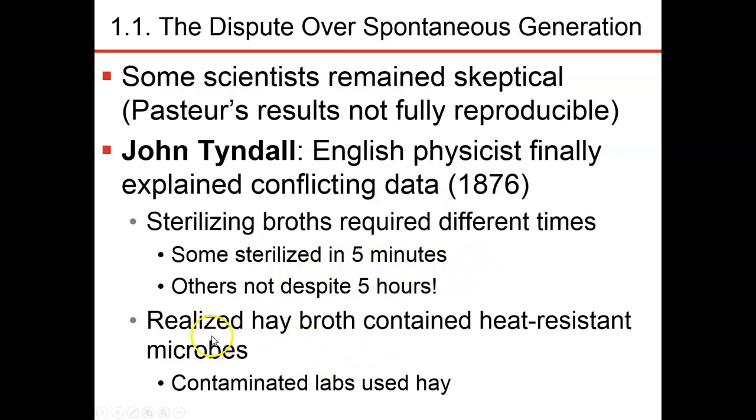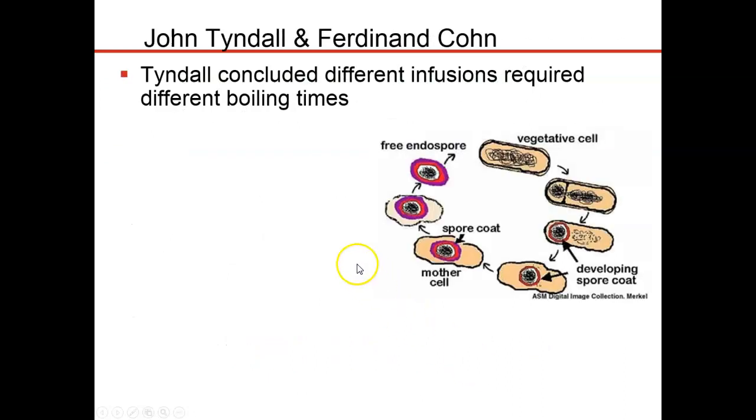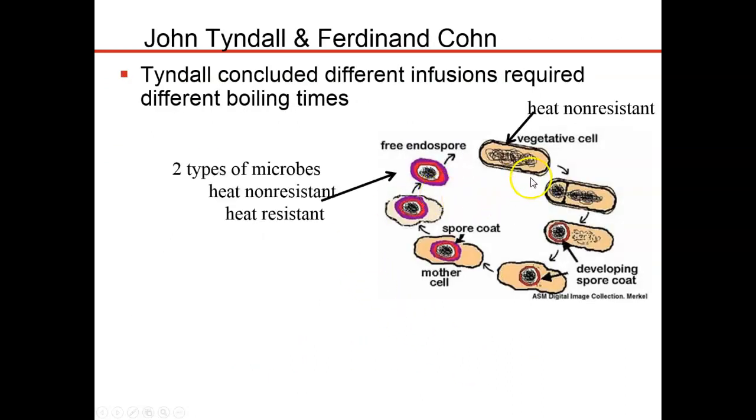And so he realized that some types of hay contained heat-resistant microbes. So now we know that there are two types of microbes out there. There are non-heat resistant microbes, these are known as vegetative cells. And then there were heat resistant microbes, which we call endospores.